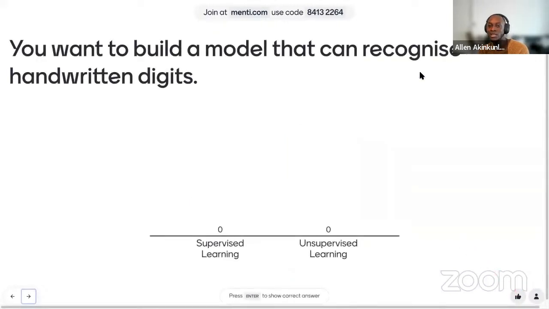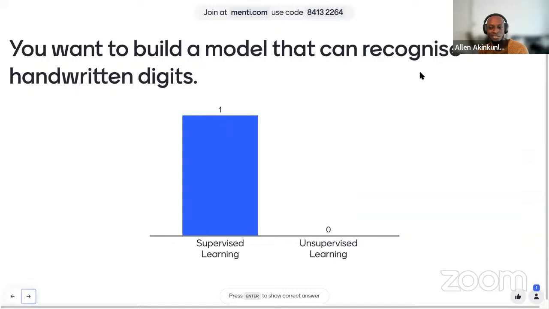So you want to build a model that can recognize handwritten digits. This should be very easy. Unsupervised. Mukhtar, yes. This is closer than I imagined.